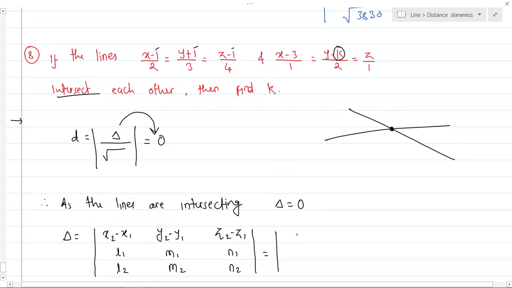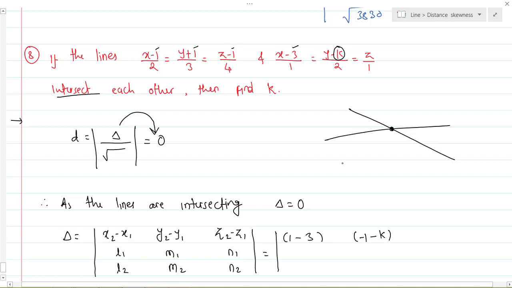So let's substitute here. It is 1 minus 3, so we have minus 2. And here we have plus k, so it is minus k.